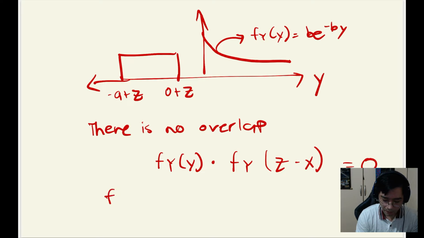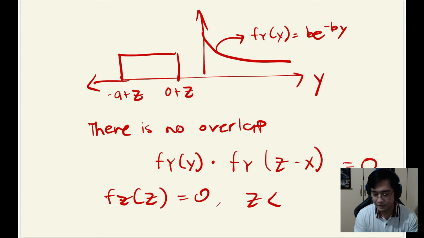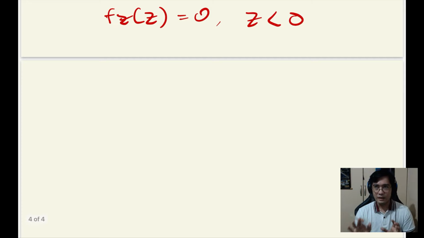Therefore, our probability distribution function is equal to 0 whenever z is less than 0, because there is no overlap between the two.